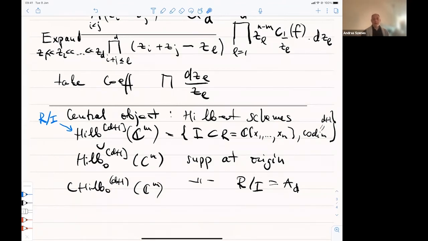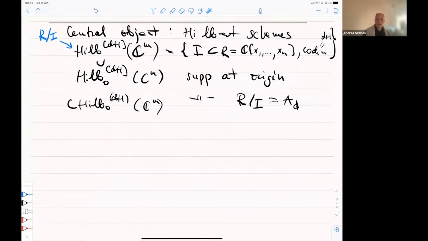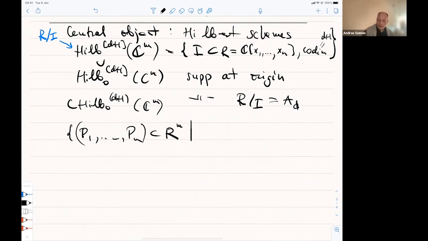And in fact, what is happening is roughly the following. I can give a little indication: what we're doing up there, you remember with these P1 up to PM, these polynomials, which are elements in R to the M, such that the ideal generated by them is isomorphic to this A_D.